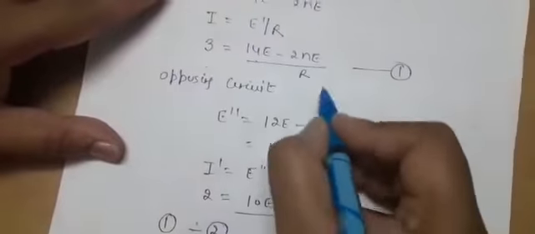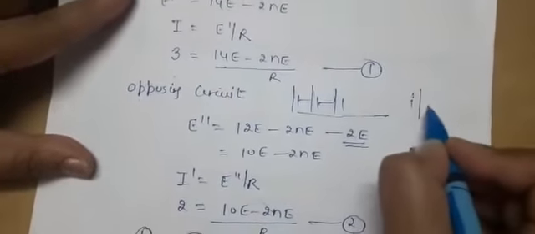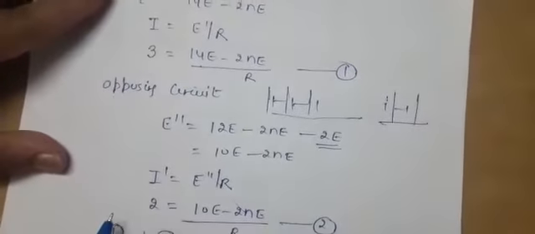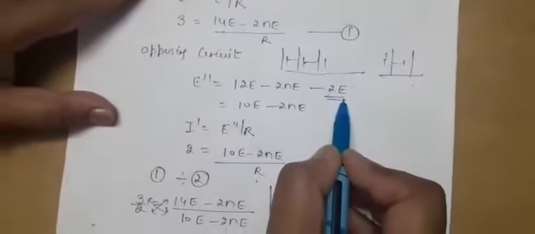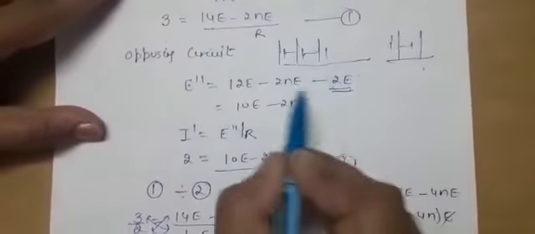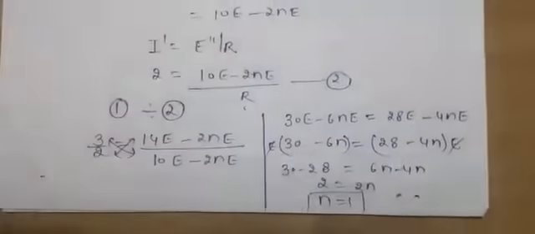Third point, when the combination of the battery is connected to the given circuit with the opposite polarity, opposing it, in that case this EMF is again subtracting, and hence you have obtained the current and calculated the value of N.